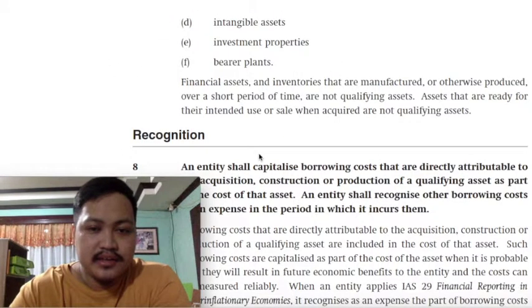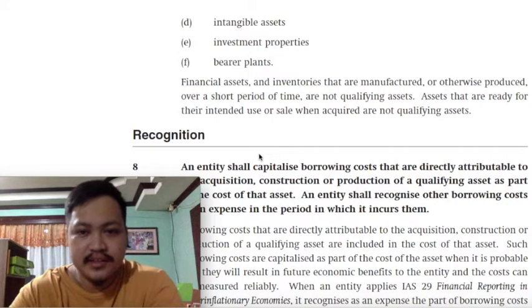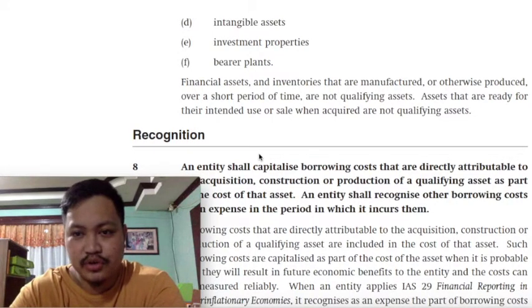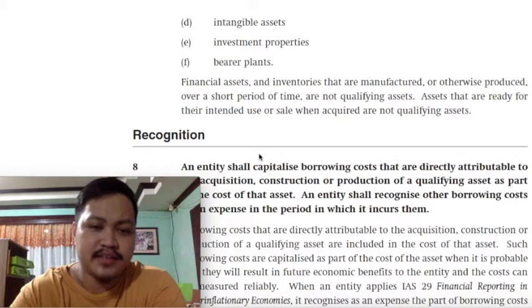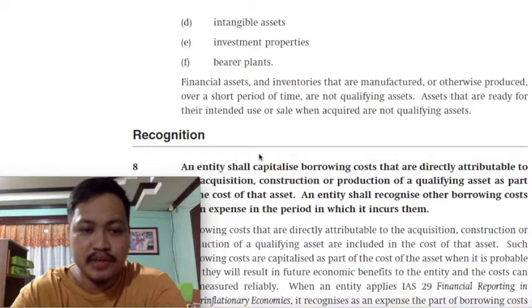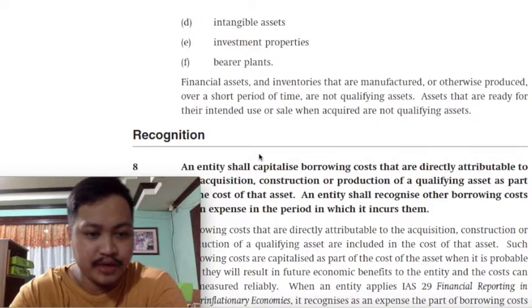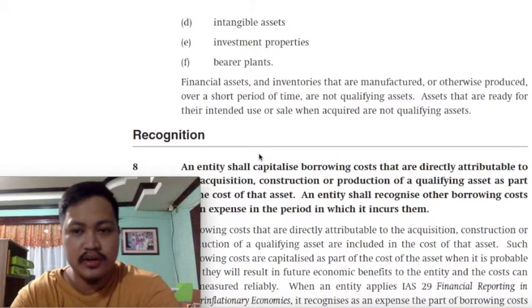Other items, class, that are specified in the standard are with regard to financial assets and inventories that are manufactured or otherwise produced over a short period of time; these are not qualifying assets. Even without this being stated in the standard, we understand this as being true because a qualifying asset is one that requires a substantial amount of time before it becomes ready for its intended use or sale.